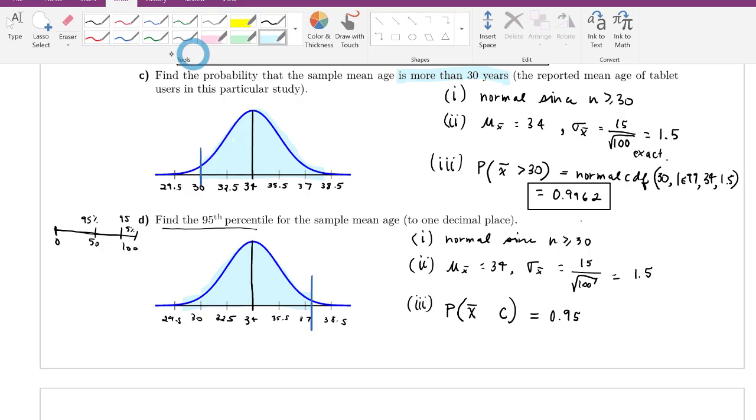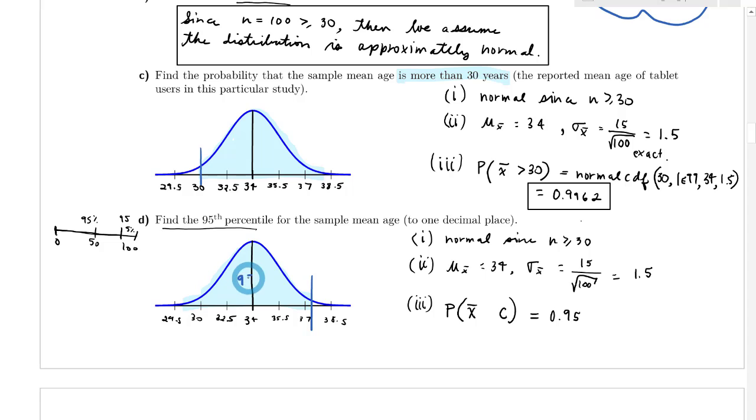I could either use it as a lower bound of 95% or then an upper percentage of 5%. So it's really up to you how you go. I just stick with the 95%, and notice 95% would be the values less than it. So what I want to do is find C, right? I want to find C such that the sample mean is going to be the barrier of the 95th percentile.